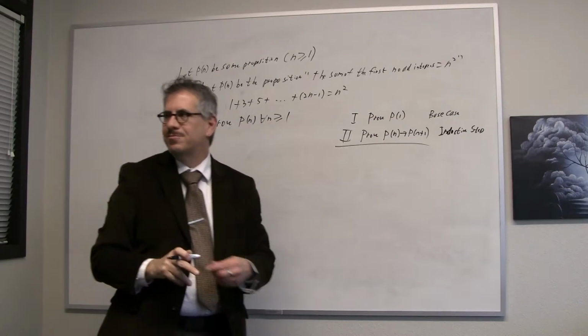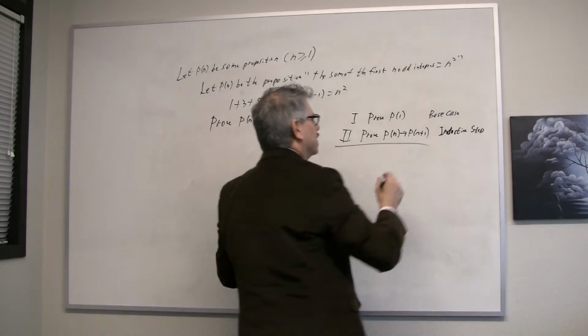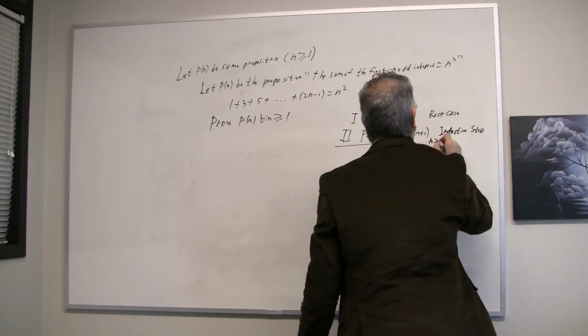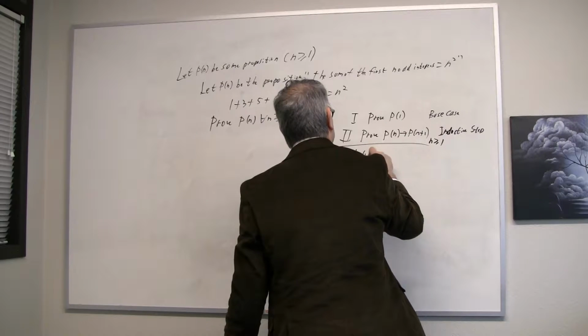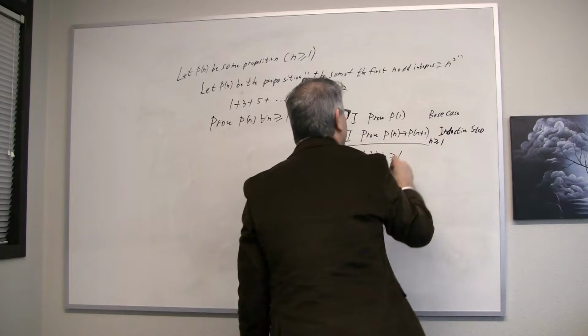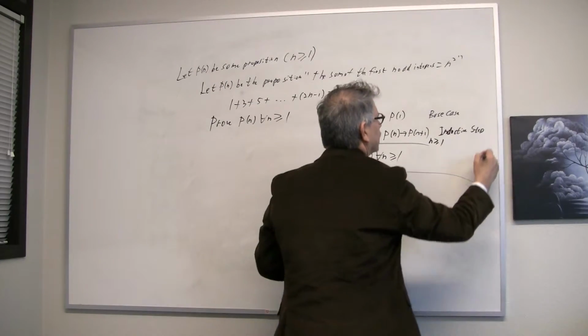If we know that P of 1 is true, and we know that P of n implies P of n plus 1, this is for n bigger than or equal to 1, then we can conclude P of n is true for all n bigger than or equal to 1. That's what mathematical induction states.